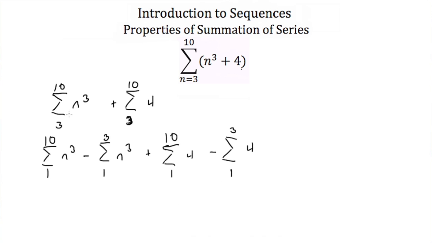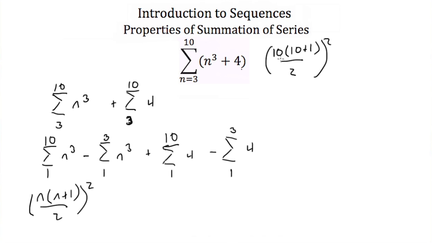Now the summation of n cubed from 10 to 1, I can use my formula. This is n times n plus 1 over 2 squared. Now in this case, n is our maximum value, so I would just plug in a 10. So I would have 10 times 10 plus 1 all over 2 all squared.